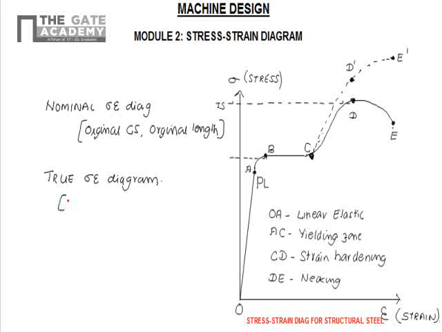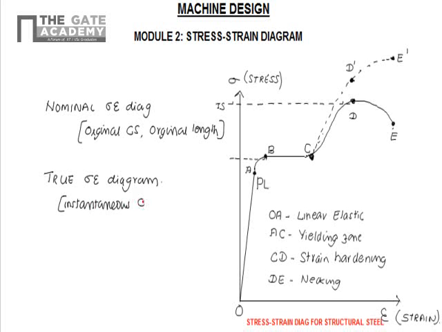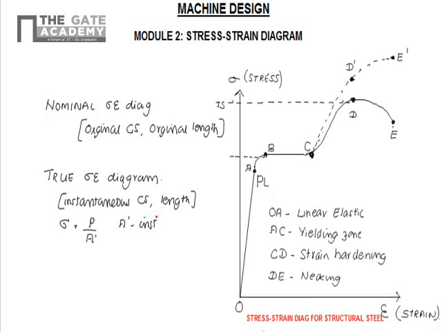That is based on the instantaneous cross section as well as length of the specimen. So when I do a true stress strain diagram, I get sigma equal to P by A dash, where A dash is the instantaneous cross section.